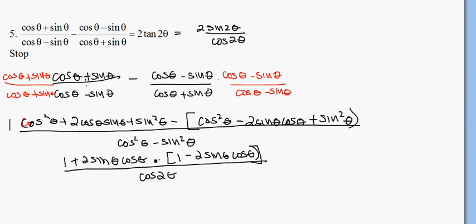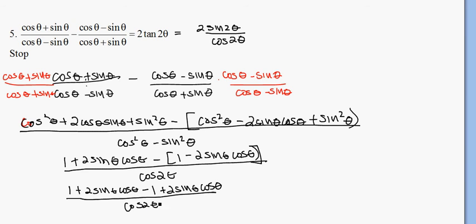So I now have, distributing this negative, 1 plus 2 sine theta cosine theta minus 1 plus 2 sine theta cosine theta, all over cosine 2 theta. These two ones cancel, and this becomes 4 sine theta cosine theta all over cosine 2 theta.